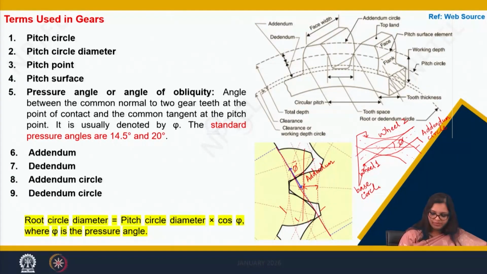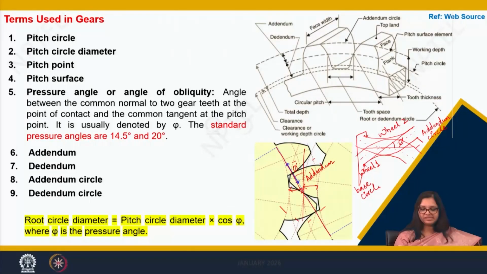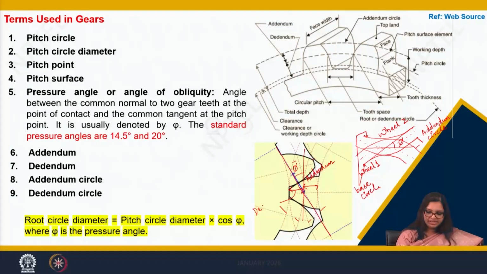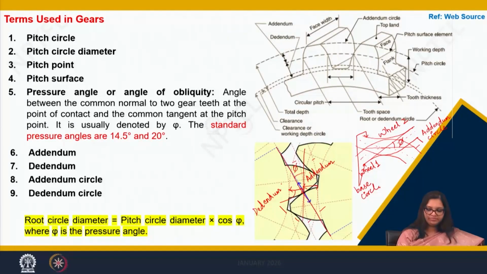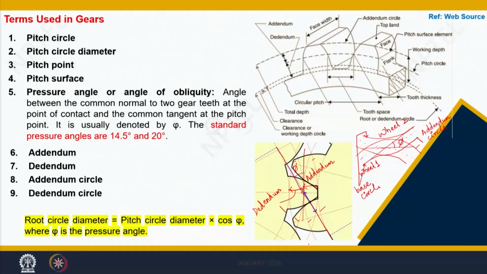Again, when we take the radial distance from this pitch circle to the base circle or the inner circle, we call this dedendum. Now, the outermost circle is called the addendum circle, the innermost circle is called the dedendum circle.